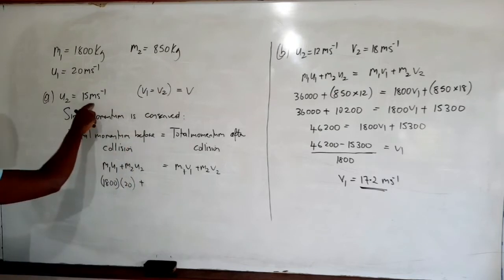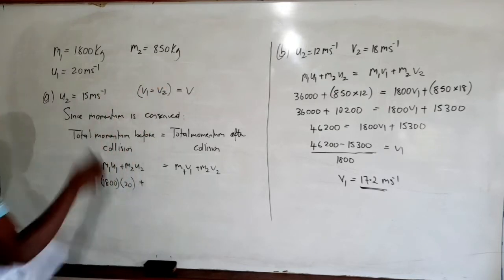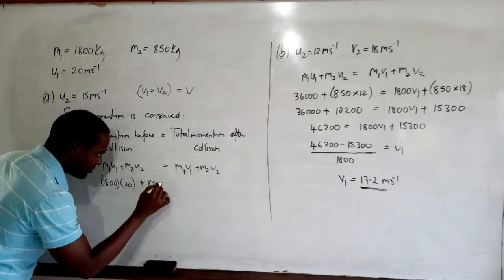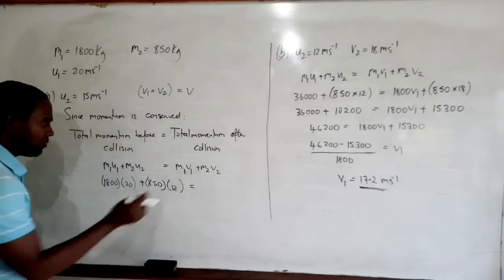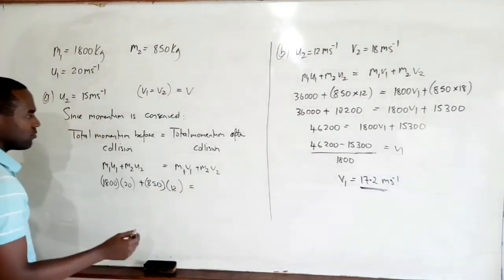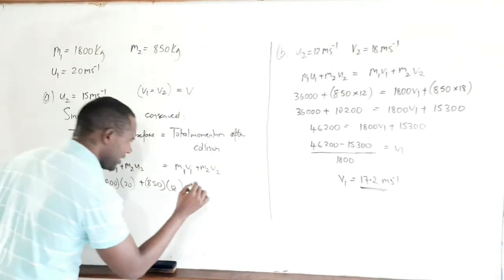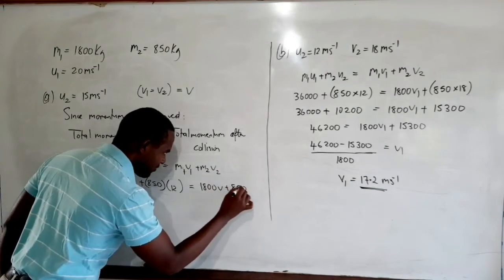And over here now, they move together, so since V1 equals V2 equals V, this gives us 1800V plus 850V.